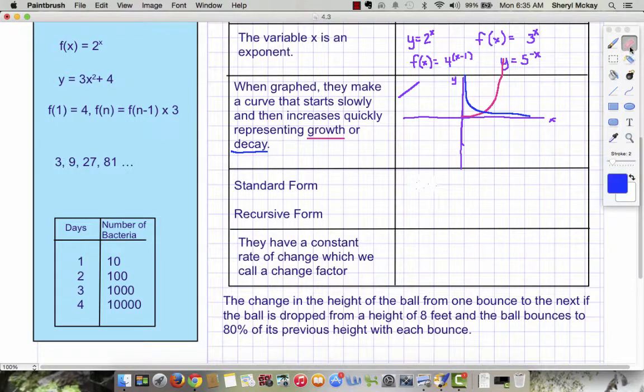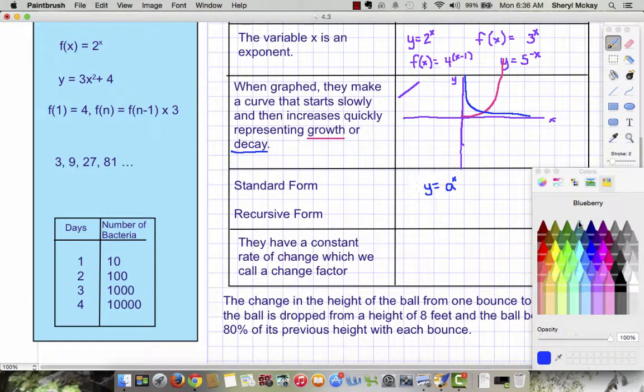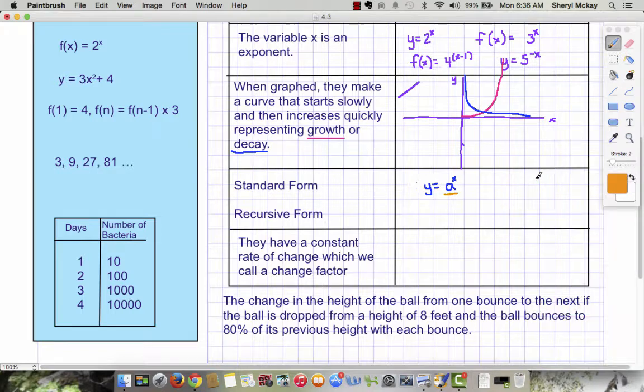But we'll say y equals a to the x power. And a is a constant, okay? A is the constant. You want to remember that. So it's some constant to the x power.